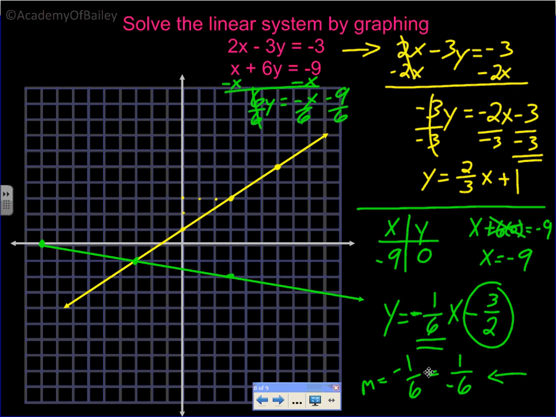The intersection point right here: the x value is 1, 2, 3 to the left, so that's a negative, and down 1. That's a negative also. Negative 3, negative 1. So that is where we're at.